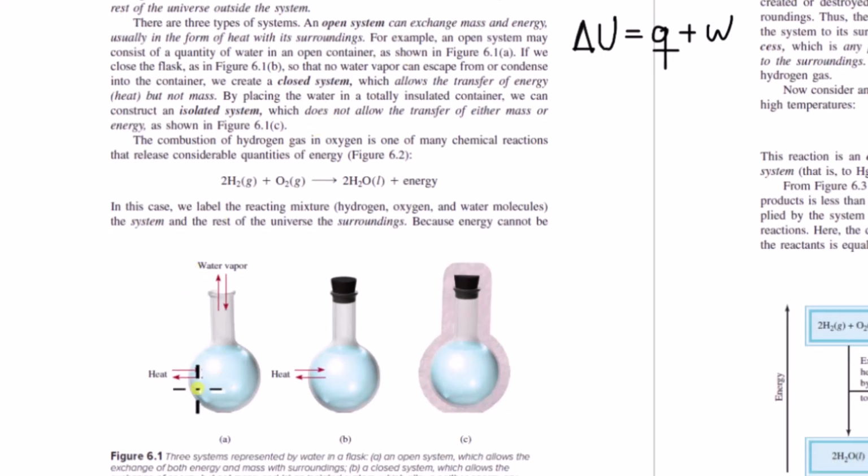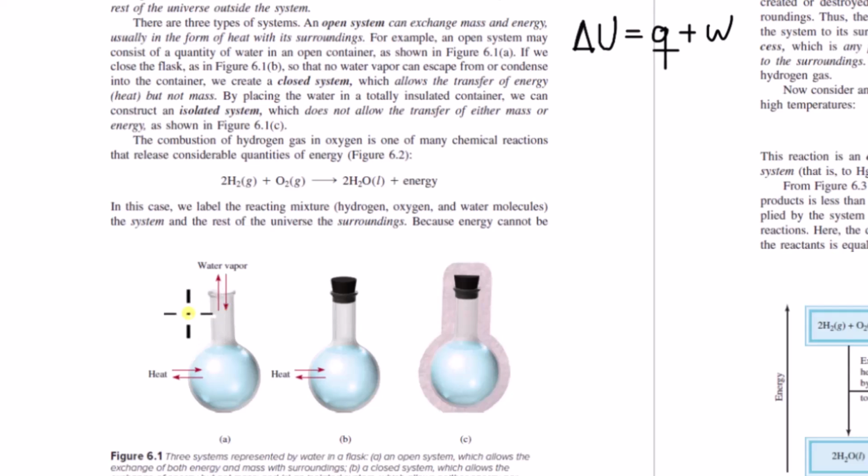So if the system is the entire interior volume of this flask, and you've got water here, then this would be considered an open system because water vapor can vaporize and leave the system, crossing the system boundary here. Or you could have water vapor come in here and potentially condense into the liquid. So since mass can cross this system boundary, this is what's called an open system.